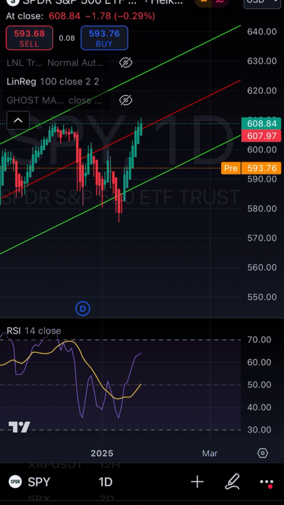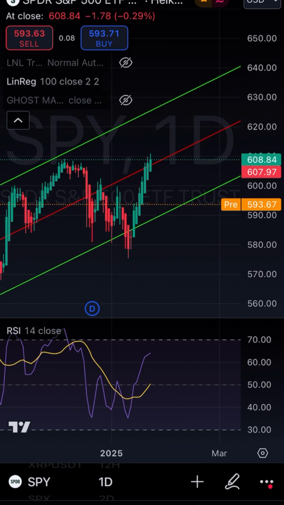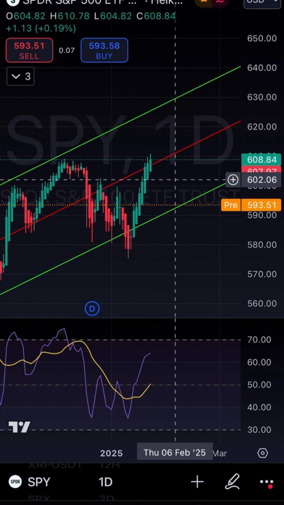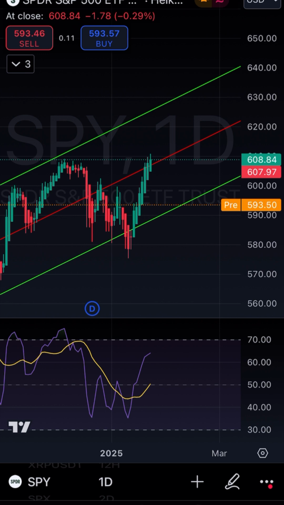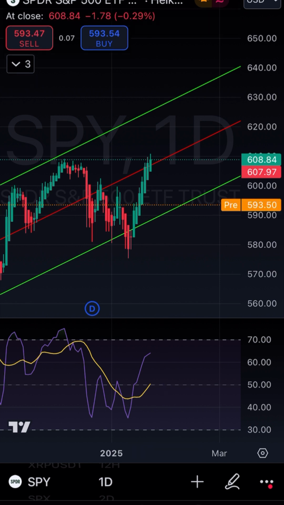Since we know the direction is up, we want to wait for the candle to get as close to the bottom here as possible. You want to wait it out, and make sure this candle gets as close to this bottom as possible.